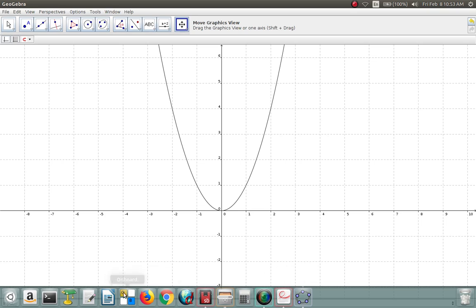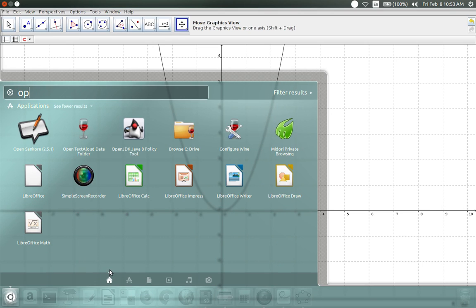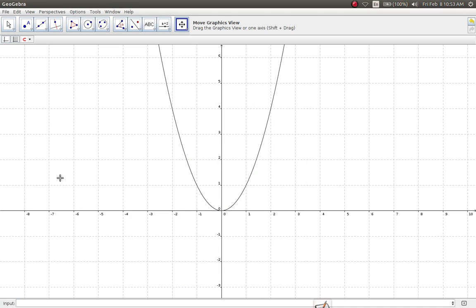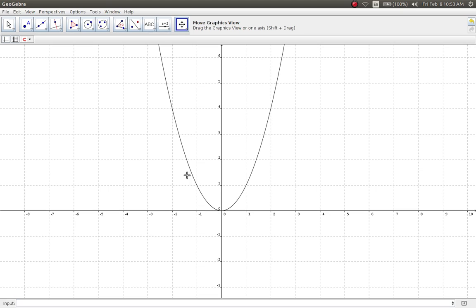Now I want to look at the software, open Sun Core, and open it from there. So in this case, what you have is a quadratic function, and you have a curve, and this curve is in the form of a parabola.